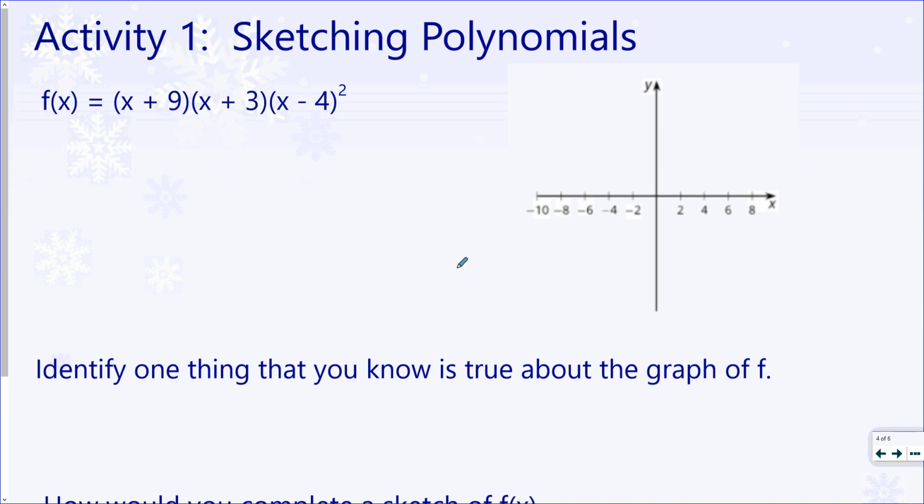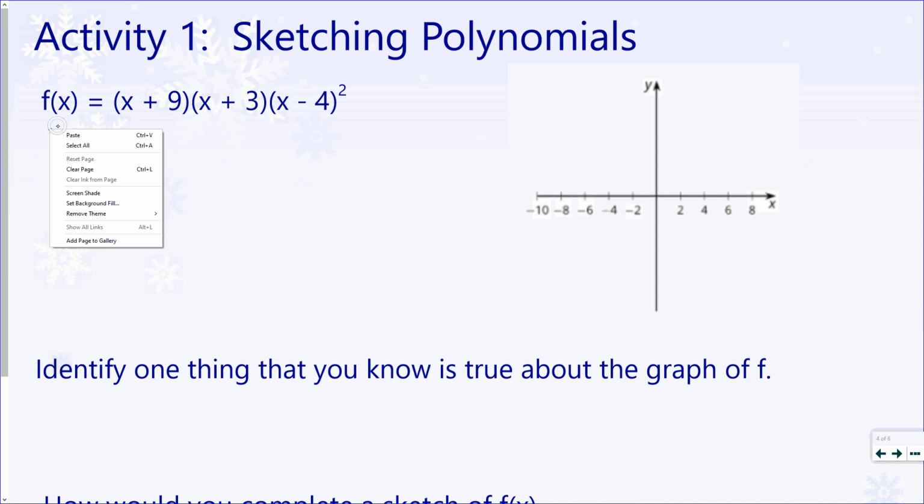So here's a function, x plus 9, x plus 3 times x minus 4. So what we're going to do is we're going to sketch a graph, and then we're going to consult Desmos and see how good we are. Okay, so here's x plus 9, x plus 3, and x minus 4 squared. Let's write down everything we know about the function.